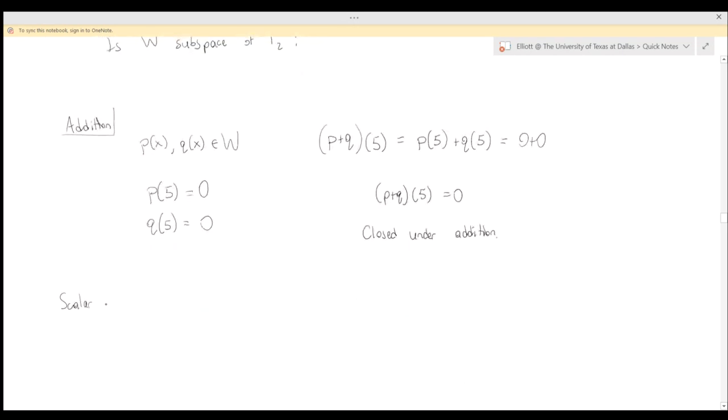Then quickly checking scalar multiplication. Let's take P of x as before, so that P of 5 equals 0. Consider what happens when you multiply by a scalar. When you multiply by a scalar, you can just factor it out to the front.